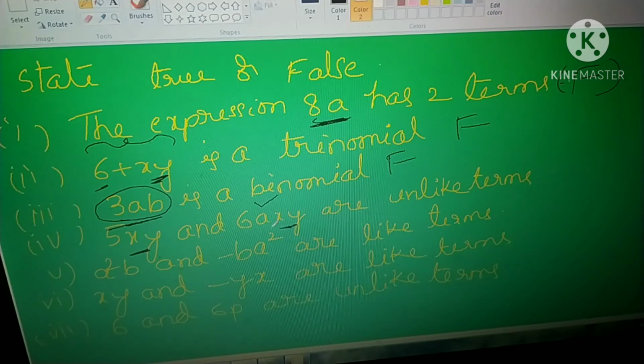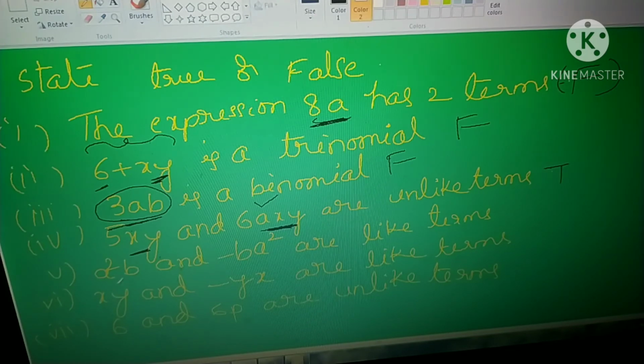Apart from the numerical part 6, we have axy, not xy. Here we have only two variables, and in 6axy we have three variables. So these two are not equal, so they are not like terms. What they are saying here, 5xy and 6axy are unlike terms. So this is true. Understood?